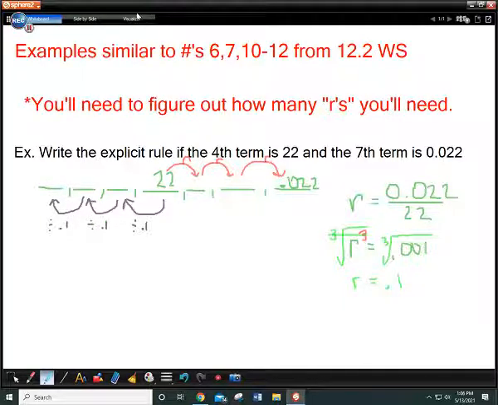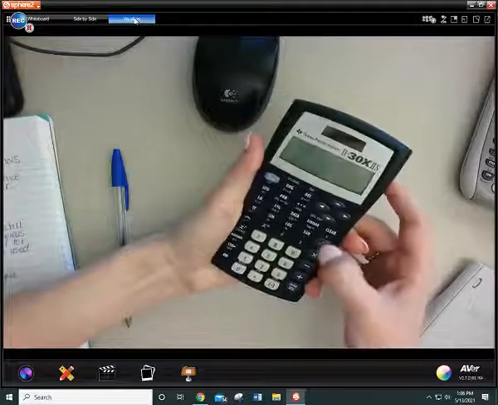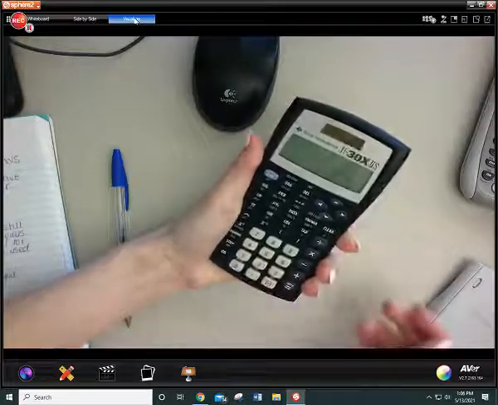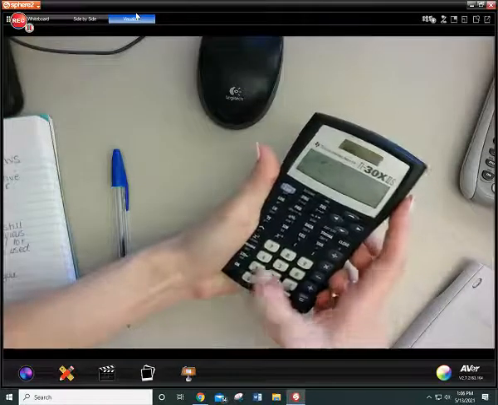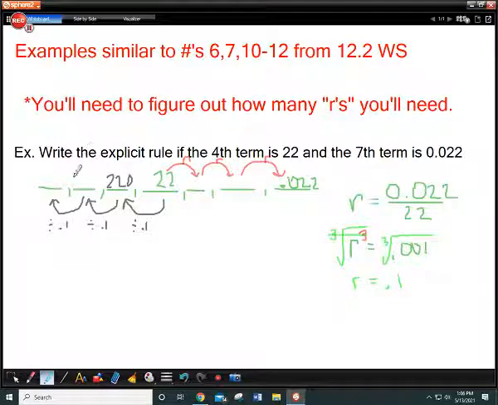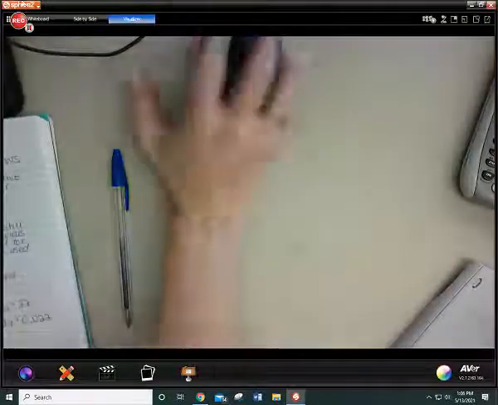I'm going to take 22 and divide it by 0.1, and I'm going to get 220. Then I'm going to divide that by 0.1, and I'm going to get 2200. And then you're going to divide it by 0.1, and you're going to get 22,000.